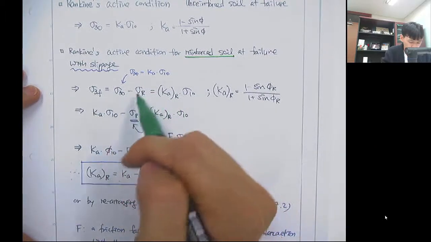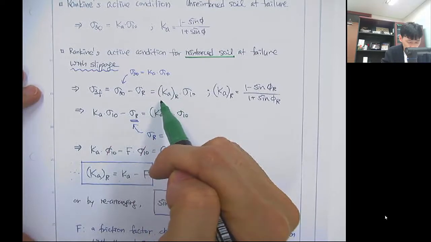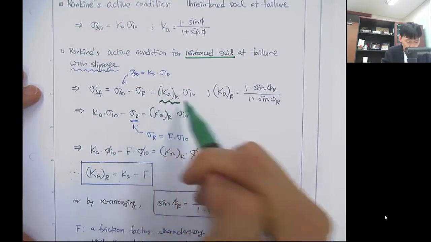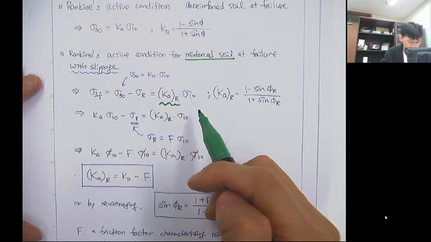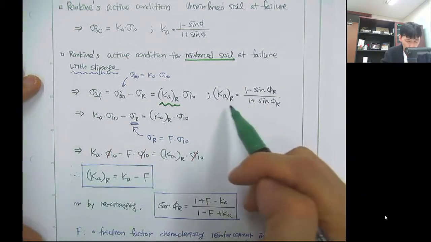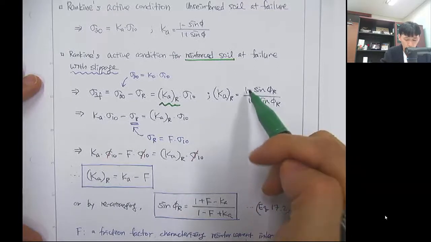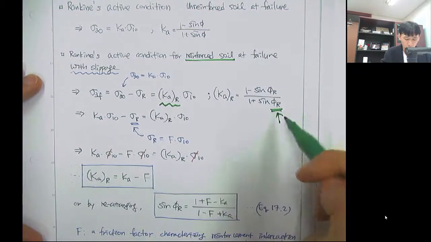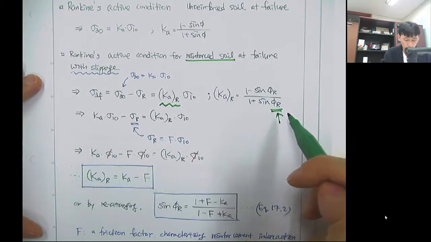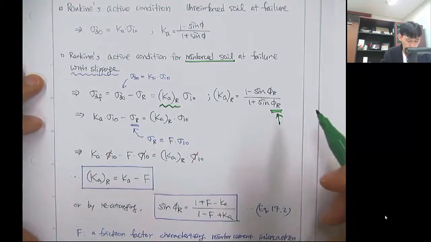And here, this can be just expressed with this KAR, which is newly introduced here. KAR is the active coefficient of the lateral earth pressure for the reinforced soil, and it is 1 minus sine phi r over 1 plus sine phi r. So the phi r, the friction angle for the reinforced soil, has been used for this parameter.